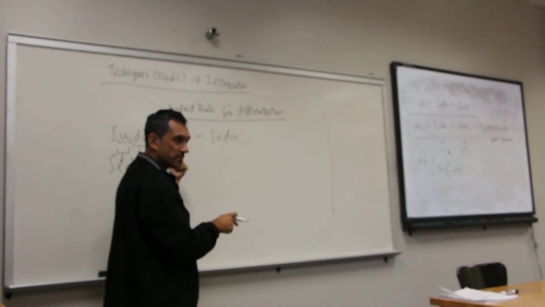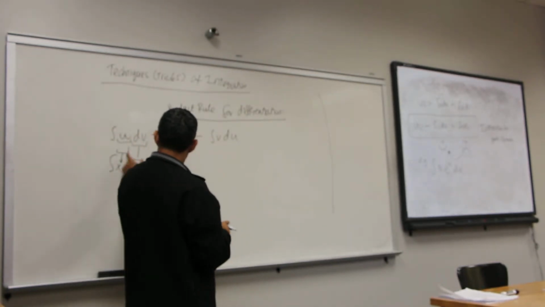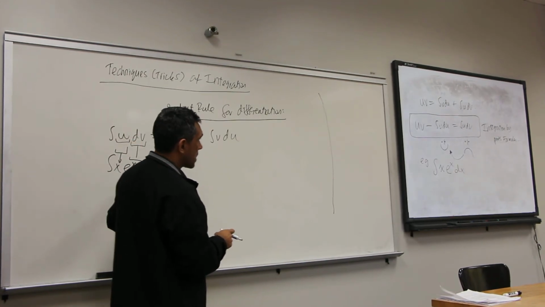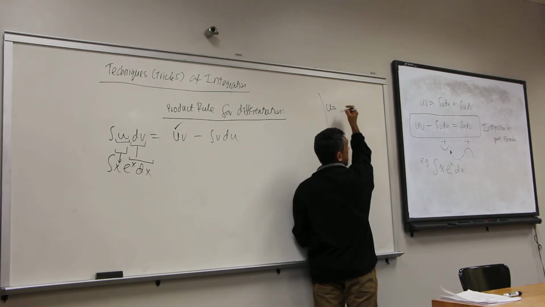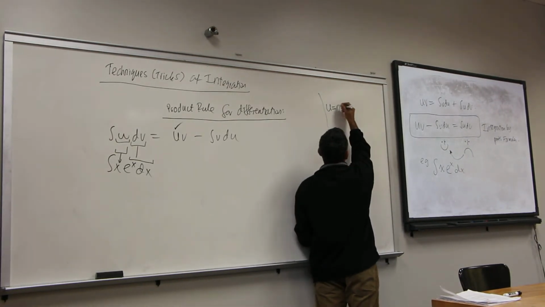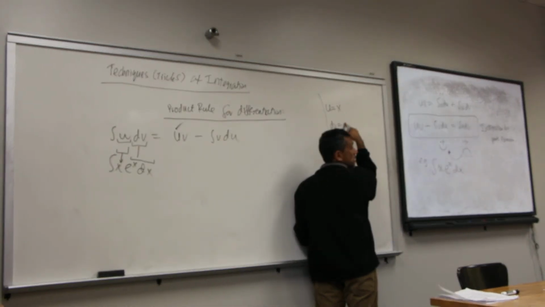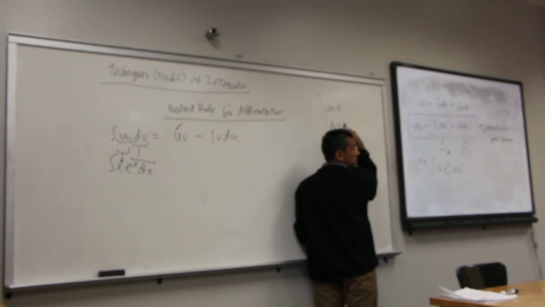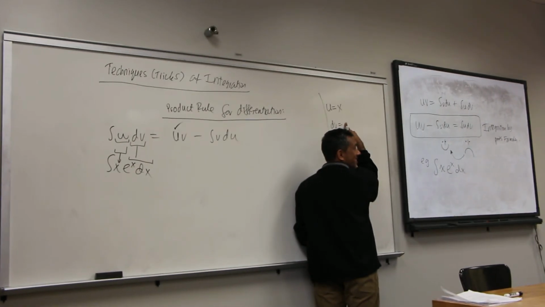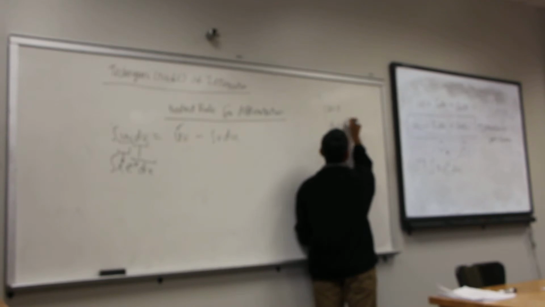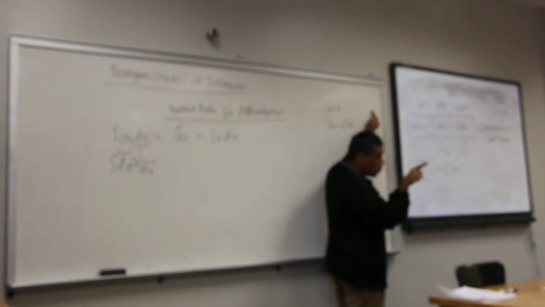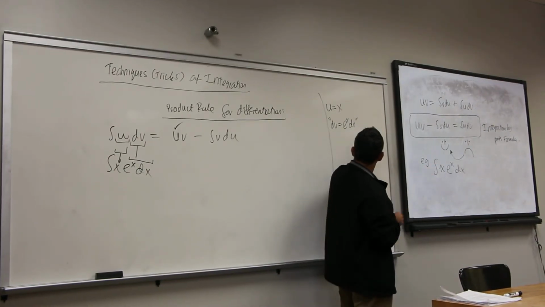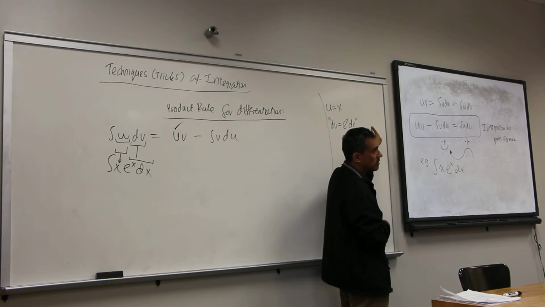So I have to integrate this thing. I do that here. u is equal to what? x. And dv is equal to what? e to the x dx. Correct. So now I'm going to need du and I'm going to need v.